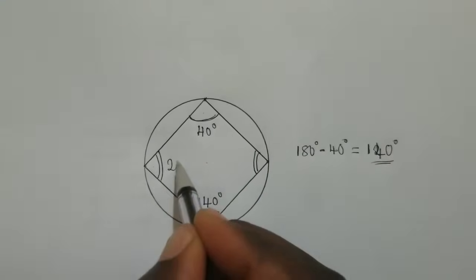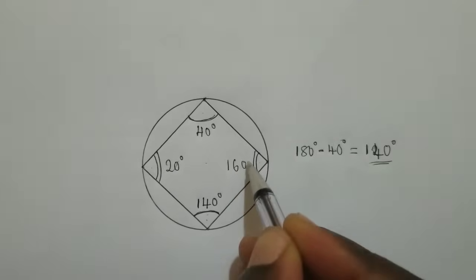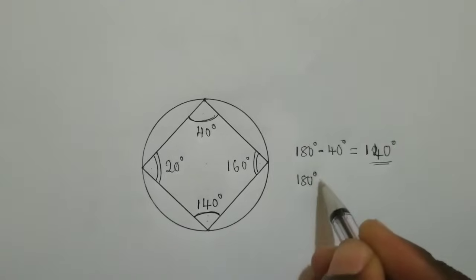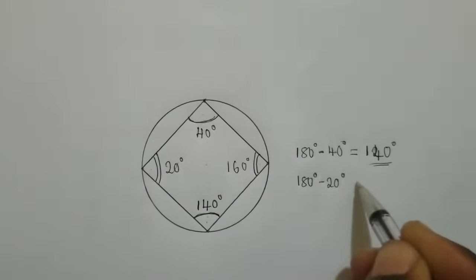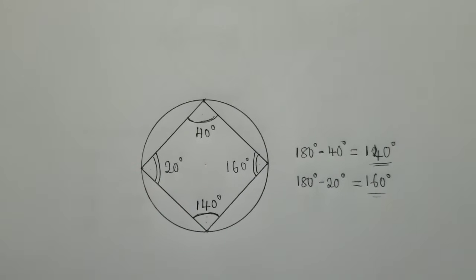Let's say this is 20 degrees. What will be this angle? It will be 160 degrees, because 180 degrees minus 20 degrees gives us 160 degrees. So this is a property, or the first step that we need to take for us to answer the next question.